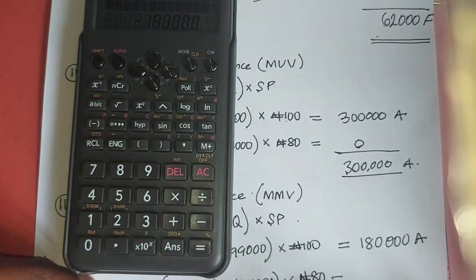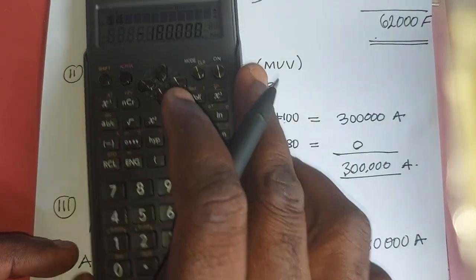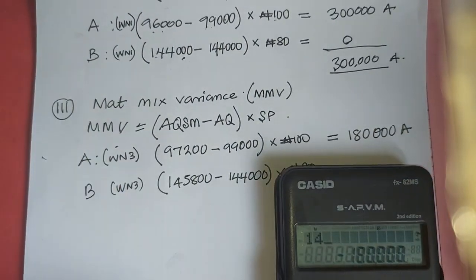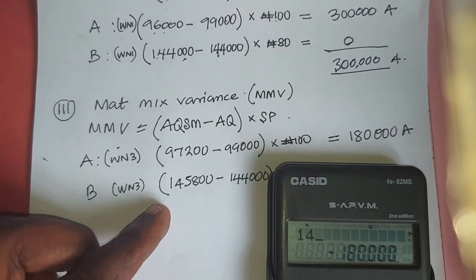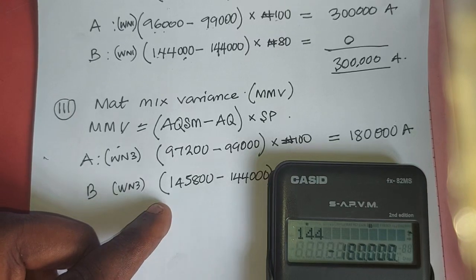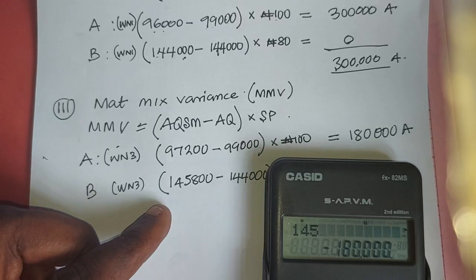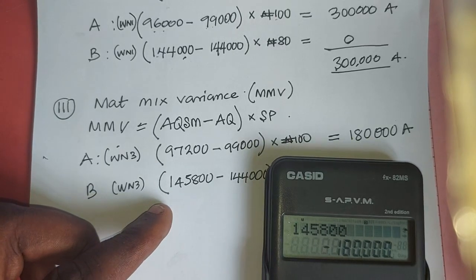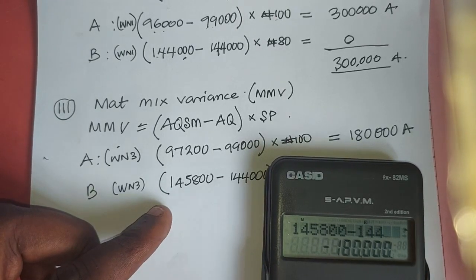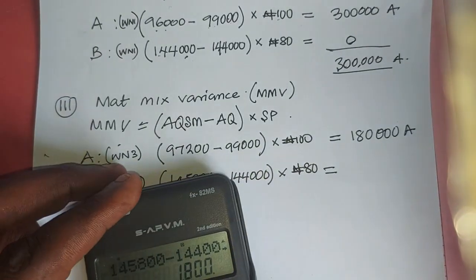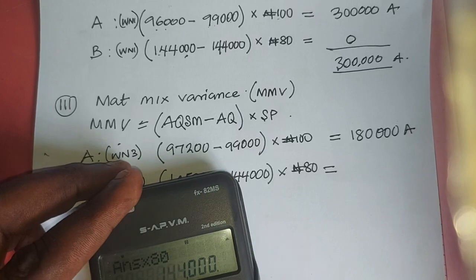Then for this, we have 145,800 minus 144,000. That's 18 times 80.